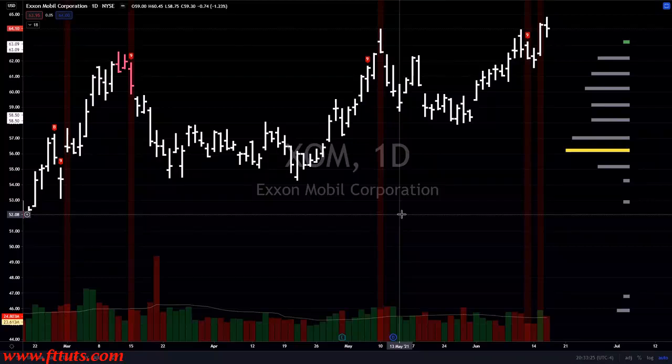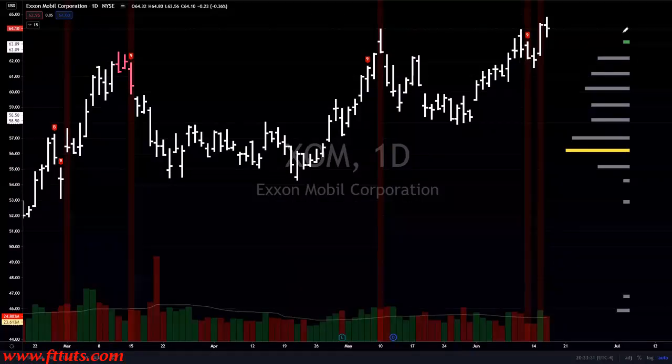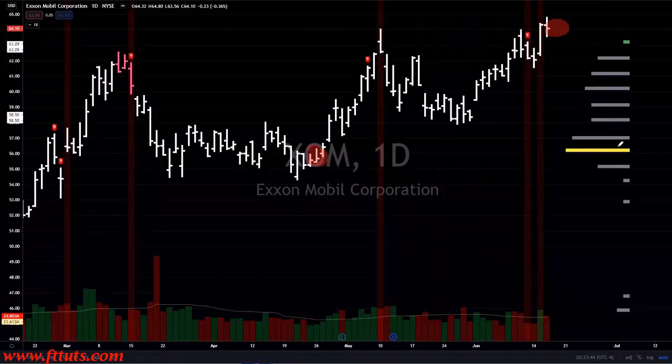The main point I'm making here is, even with ExxonMobil, you cannot treat this action today as we were looking at the action a month ago that was more quality. That's my point.